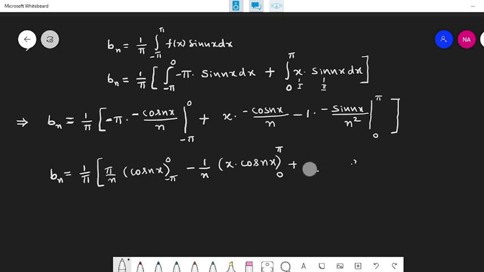Okay, here you can observe that applying upper limit, you get sin n pi, which is 0, and again applying lower limit, sin 0, which is again 0. So you can write 0 directly. So this term is not necessary. You can just write 0, or you can end up here only, the last term.